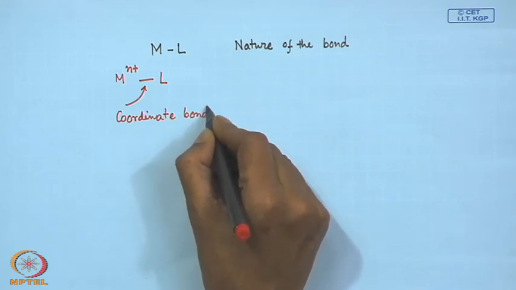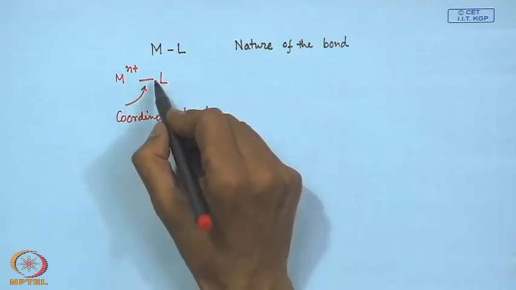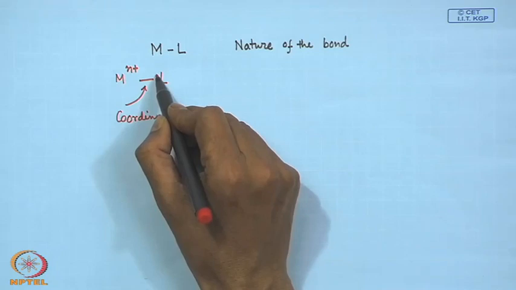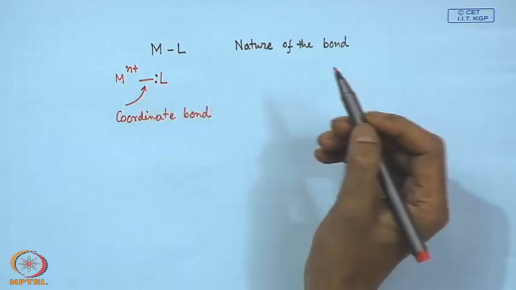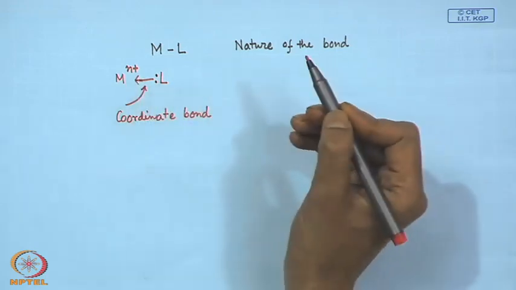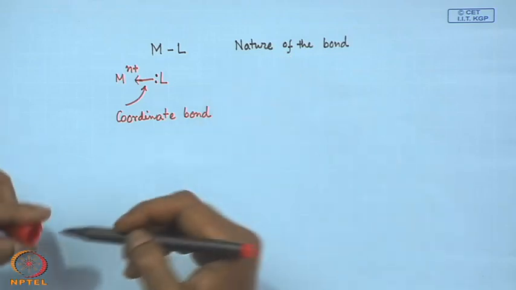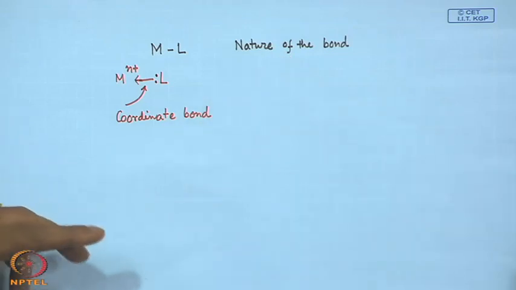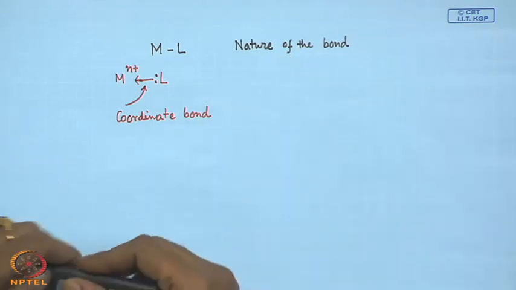And this particular nature, what we all know now, is that it is basically a coordinate bond, where both the lone pair of electrons, if they are available on the L, can be donated to the metal. So, both the electrons forming that particular bond are coming from the ligand itself.